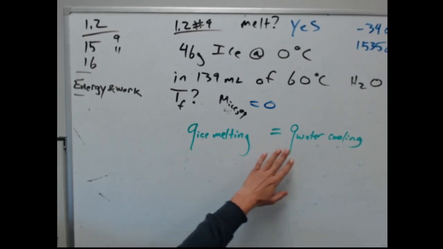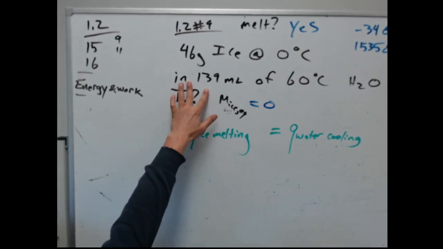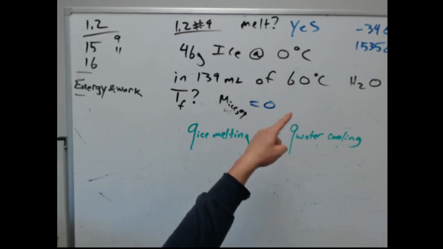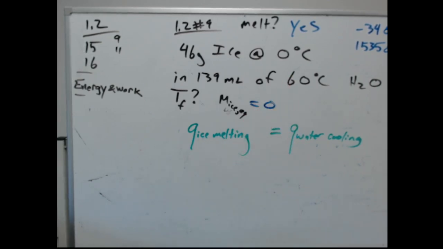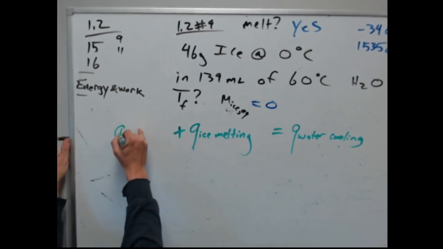If that water is in contact with this warmer water, now the water bath doesn't get all the way to 0 degrees to make that happen. We see the difference in the energies. So where does the other energy go? Heating up the melted water. So I'm going to have another Q over here.